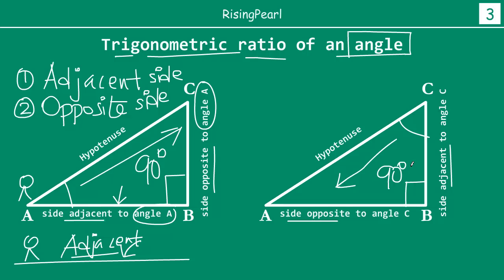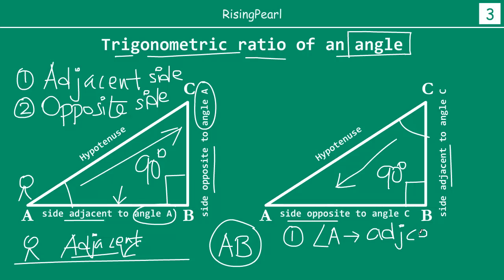So I just wanted to make a point here, friends. If you think about the side AB for a moment, in the first case for angle A, AB was the adjacent side. I think we misspelled it, but I think you get the point.